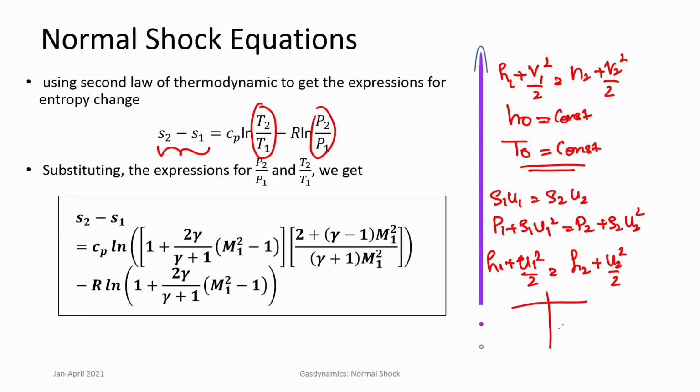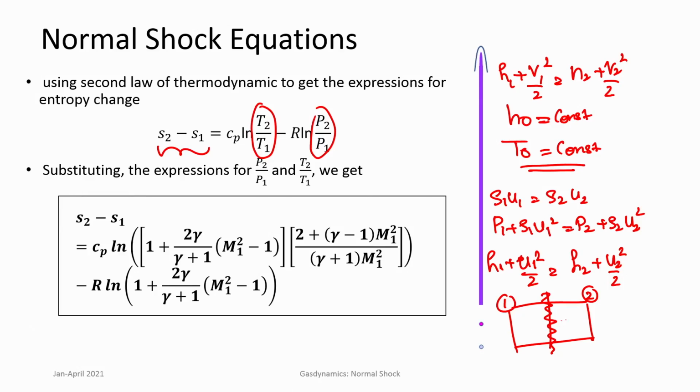We are doing control volume analysis for the states before the shock and after the shock. So this is the shock, but by just these three equations one cannot determine what the conditions across the shock should be.